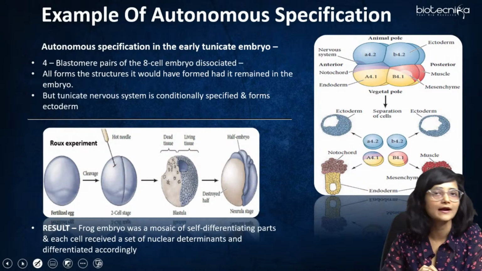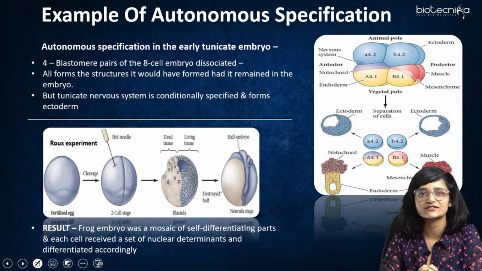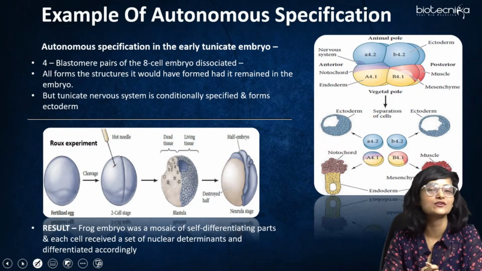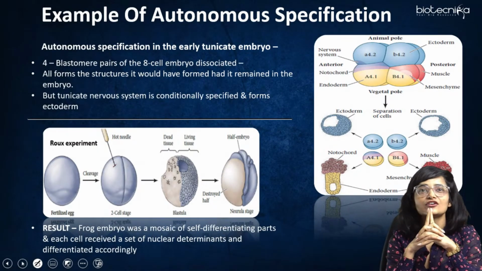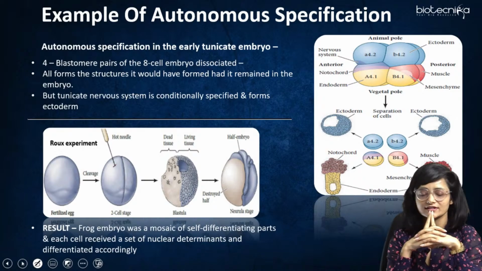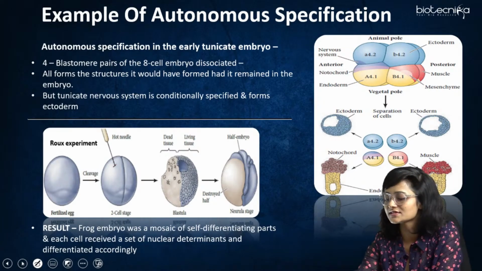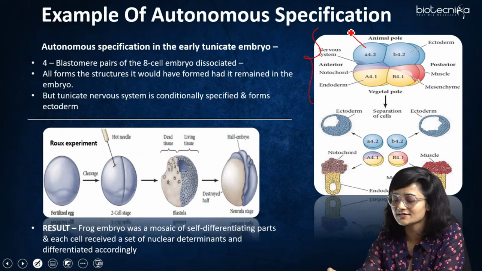Coming to the next slide, an example of autonomous specification is given here. We have taken the example of the tunicate embryo. What happens here is that the 4 blastomere pairs of the 8-cell embryo are dissociated. This is the blastomere we have taken, right? 4 types of cells are there.